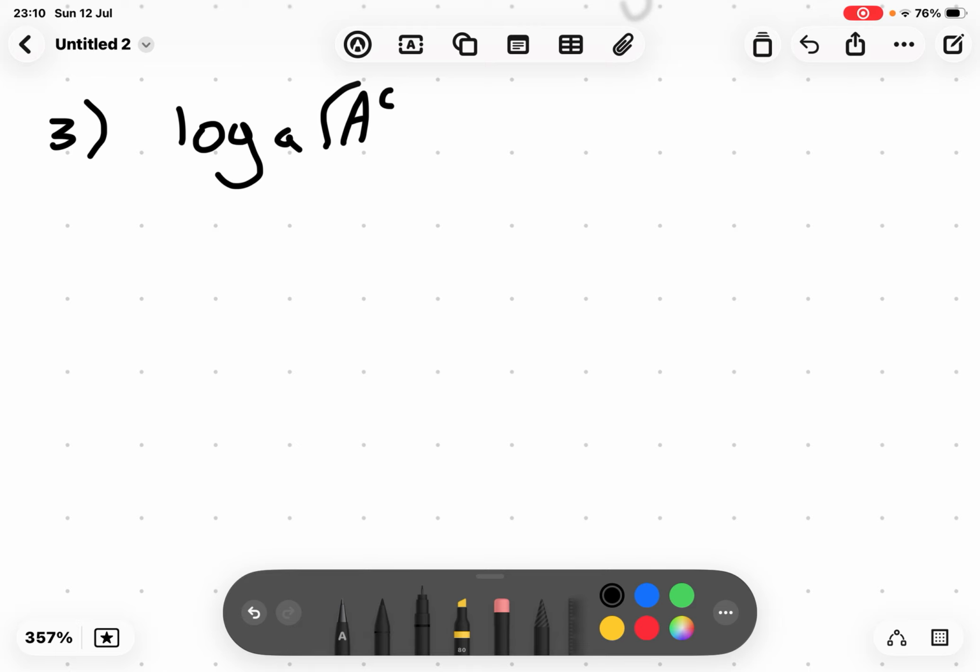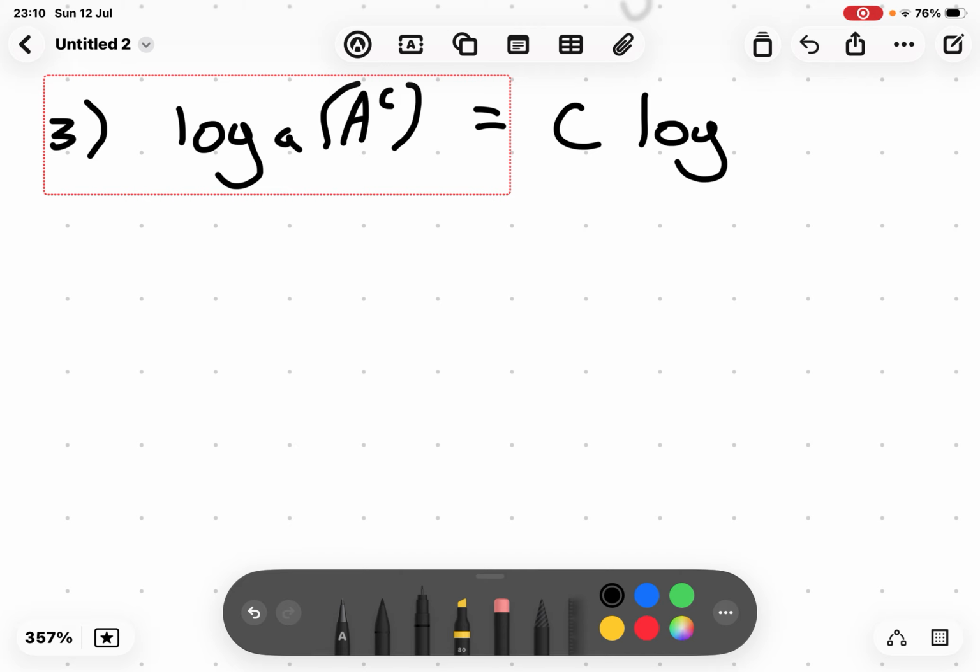Now let's say we have something like this. What we're able to do is move that to the start, so we have this left.